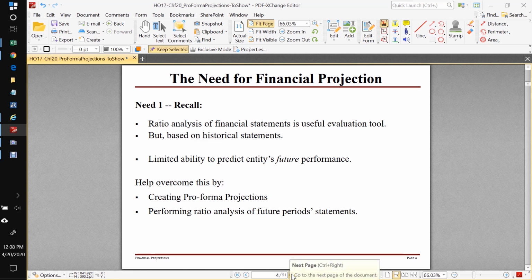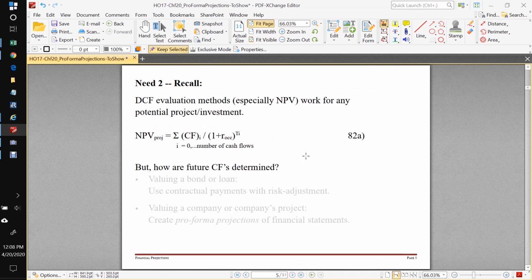And that's going to turn out to be very helpful for trying to estimate how an entity is going to perform in the future. Our second need goes to our DCF entity valuation methods, and especially NPV, which is what we've been working with mostly. And remember, the NPV of a project is equal to the sum of the present value of each cash flow: present value at first, then add them all up, and that's the NPV.